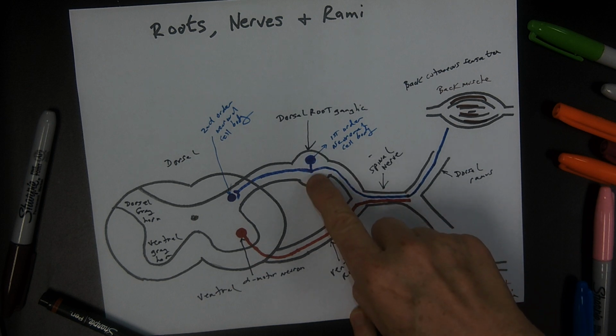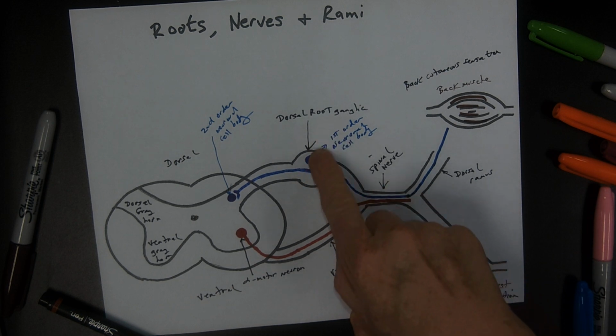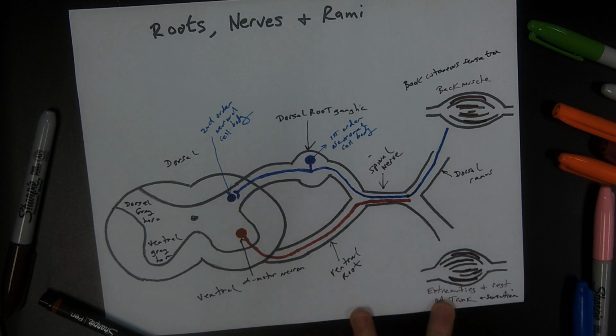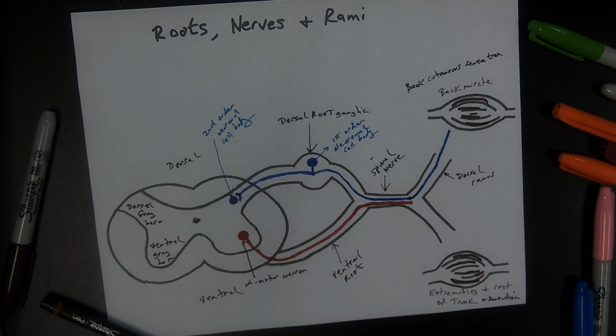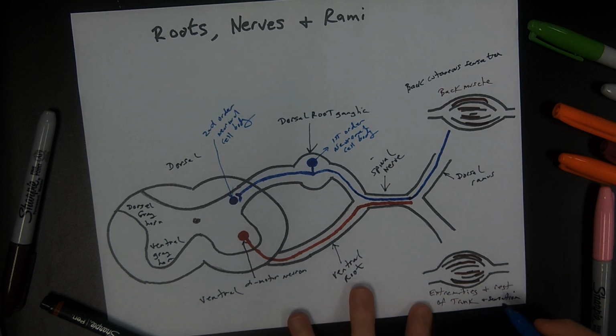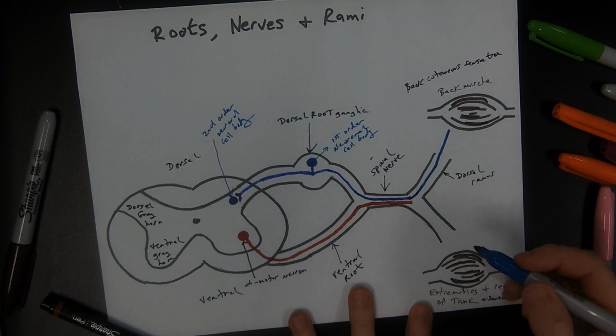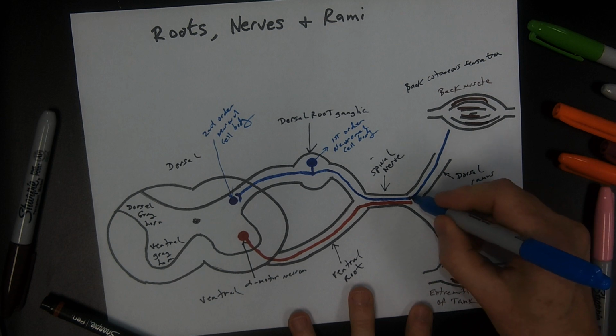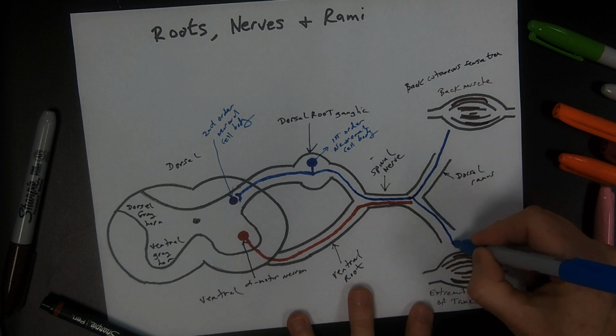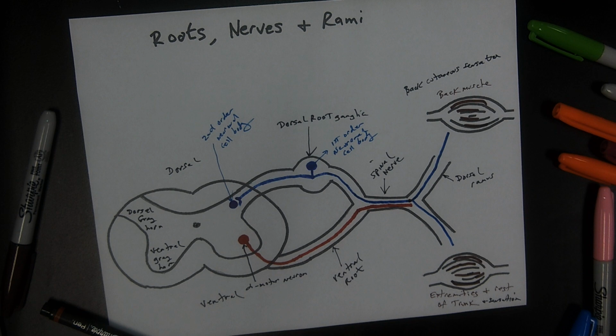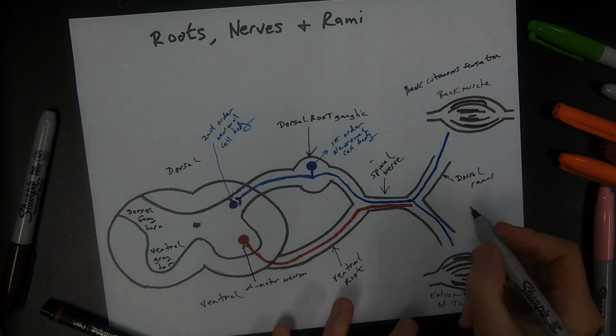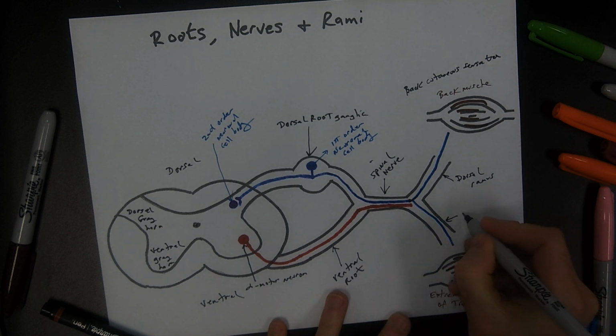First order neuron cell body resides in the dorsal root ganglia and comes in through the dorsal gray horn. Sensory information that comes from the extremities and the rest of the trunk travels through this space. Okay, this space is called the ventral ramus.